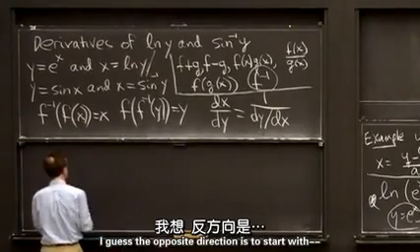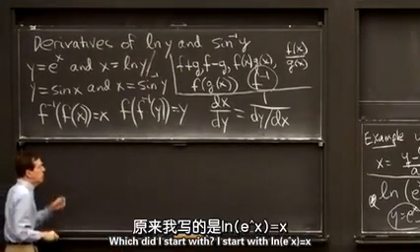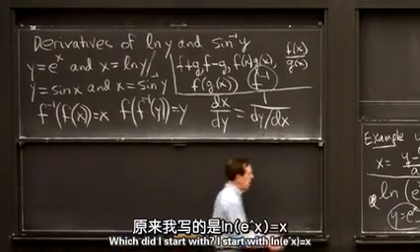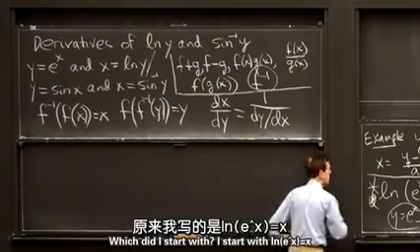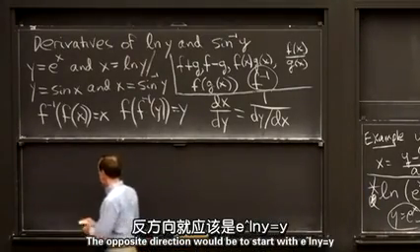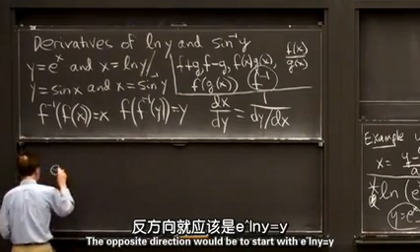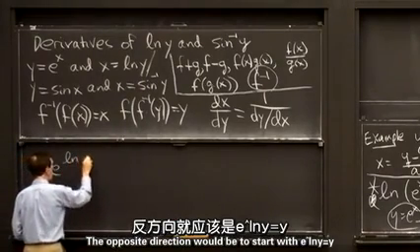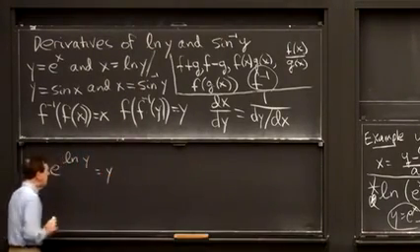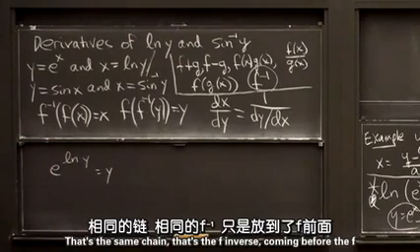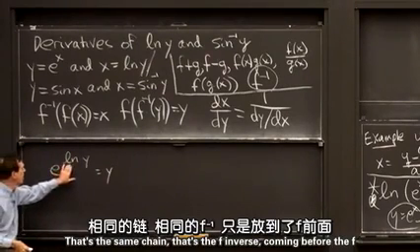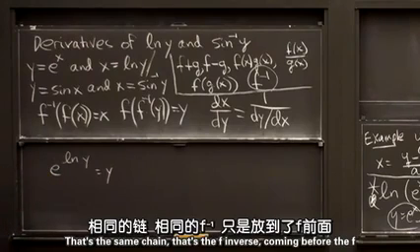I guess the opposite direction is to start with, which did I start with? I started with log of e to the x is x. The opposite direction would be to start with e to the log y is y. Right? That's the same chain. That's the f inverse coming before the f.